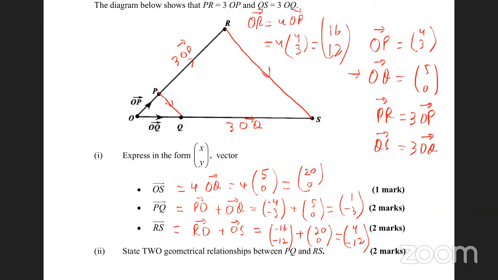They are parallel. PQ and RS are parallel. How come? These values are multiples of each other. If you were to multiply this by 4, you will get this. So they are multiples of each other, and therefore they are parallel. RS is 4 times PQ.